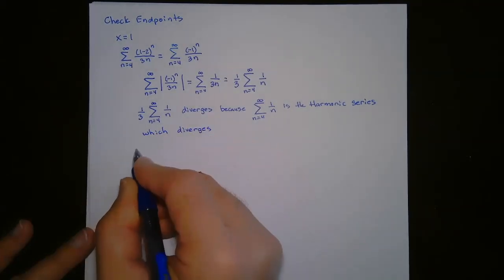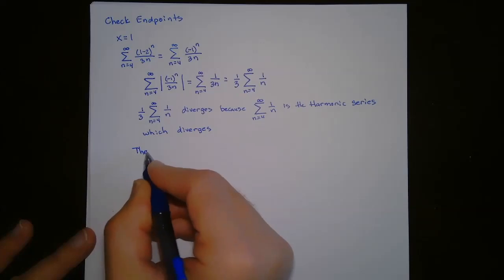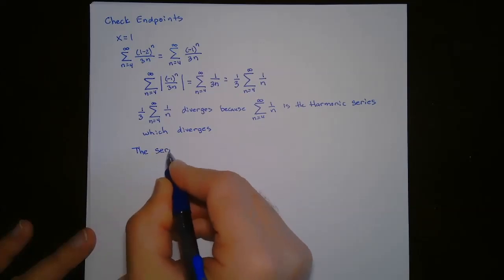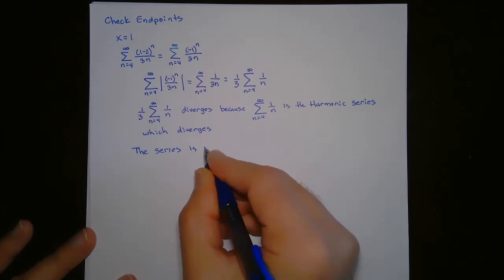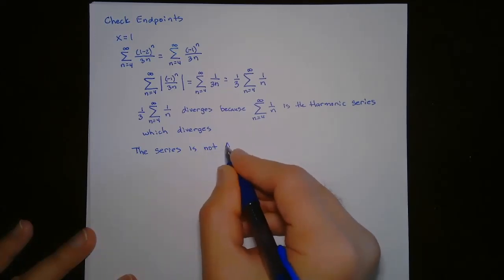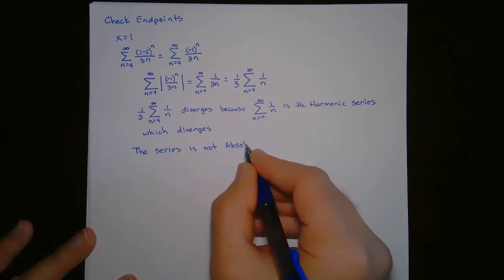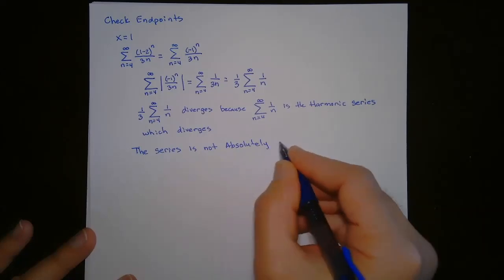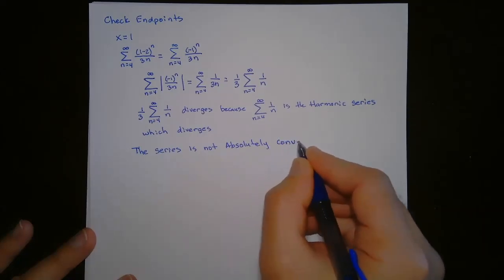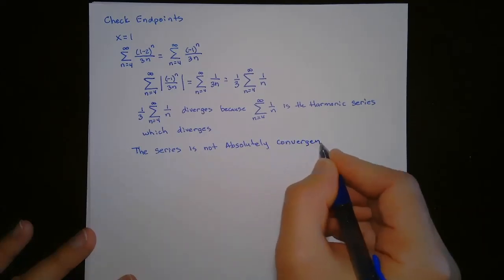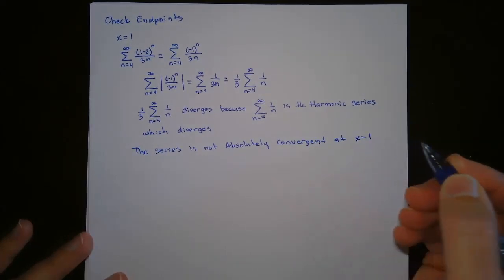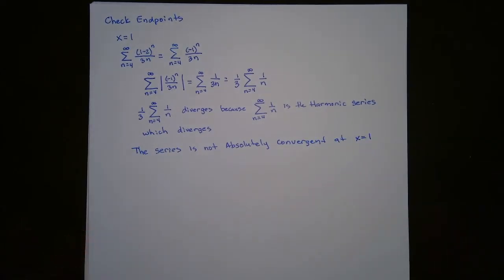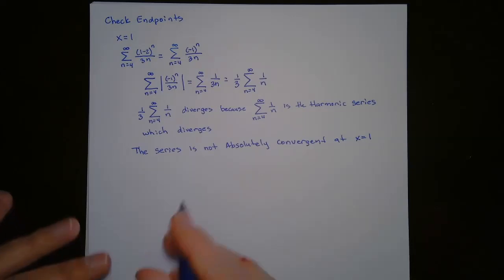Okay, so what we've just established is this series, the original series, is not absolutely convergent at x equals 1. So now we're going to check, is it conditionally convergent, right?